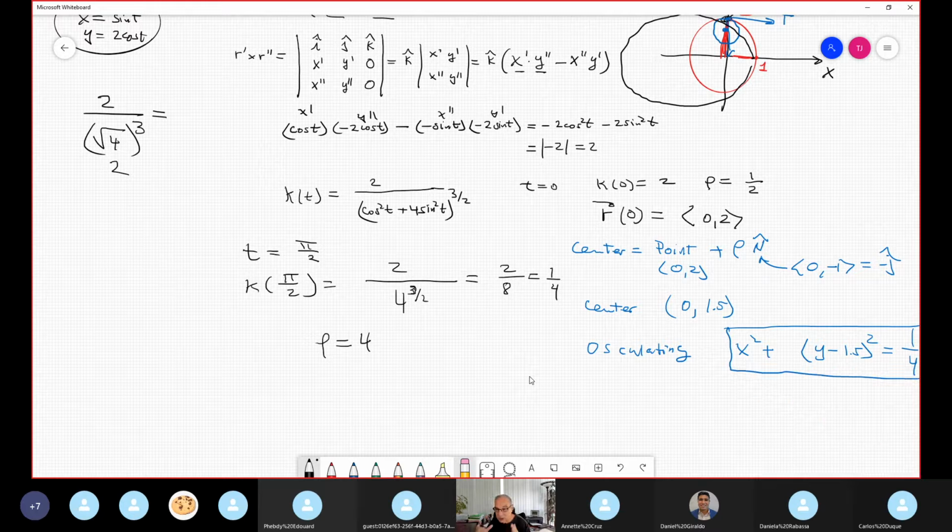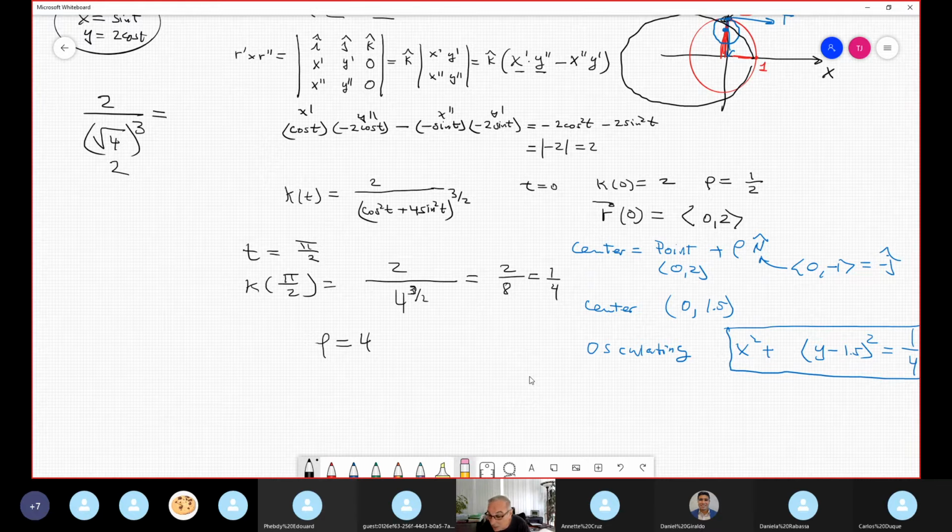The only thing that changes is the orientation. Remember, this is a classical question. The parameter is not unique. I define one way, you define in a different way, but it's the same curve. The only difference is the orientation, how the curve travels.